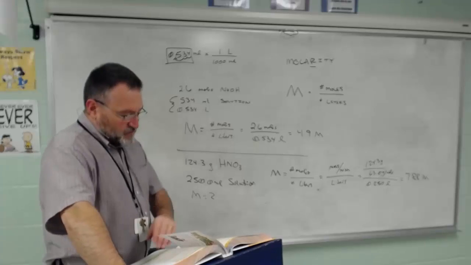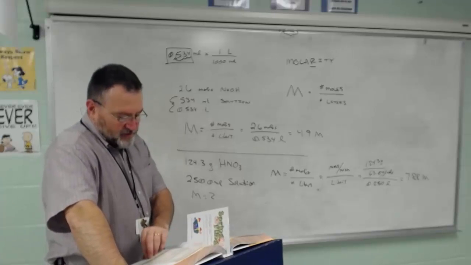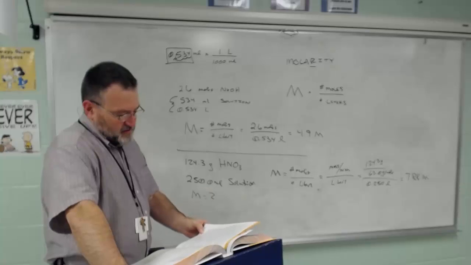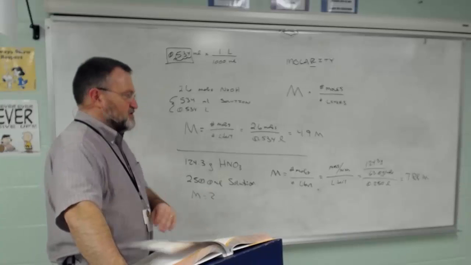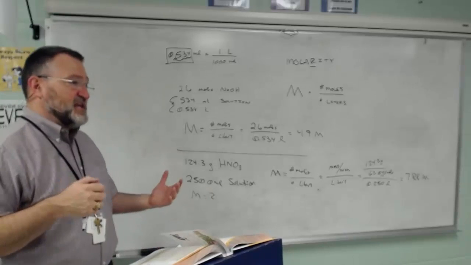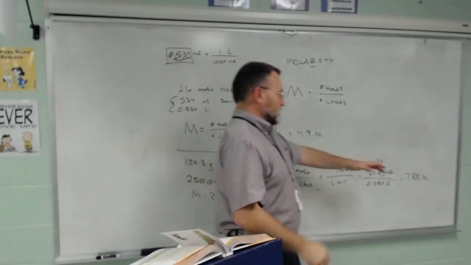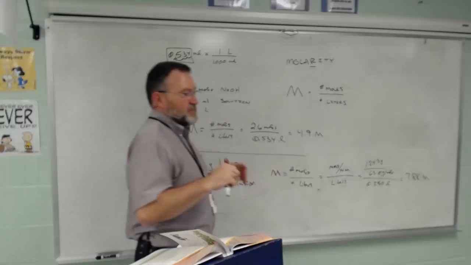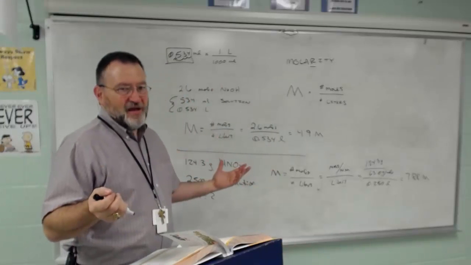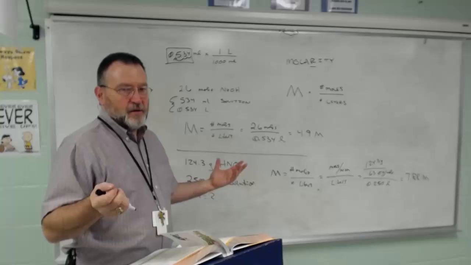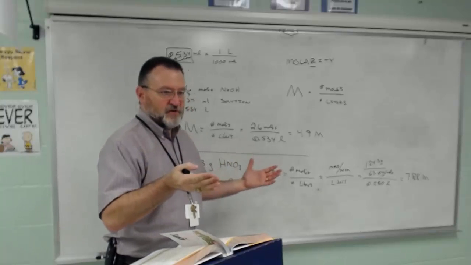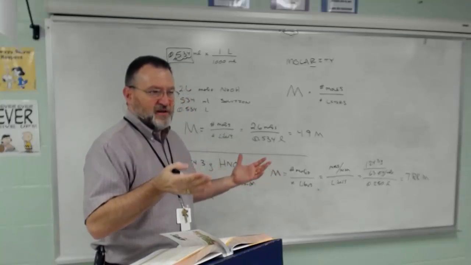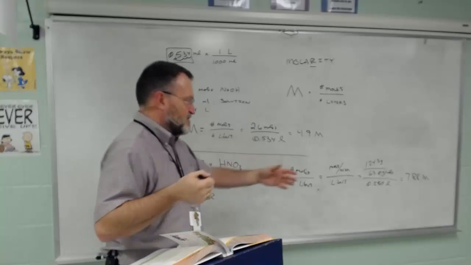So we're going to see really quickly, we're going to do the dilution equation next, and then talk about using this in stoichiometry. Because you can see now, knowing our molarity, if we've got a 7.88 molarity here, let's say that we had a reaction equation, and we needed to figure out how many moles we needed in reaction, but we didn't have the number of moles, we just had its molarity.